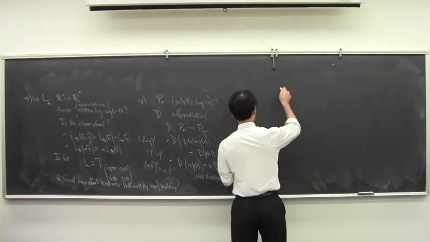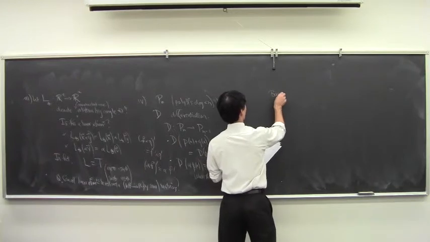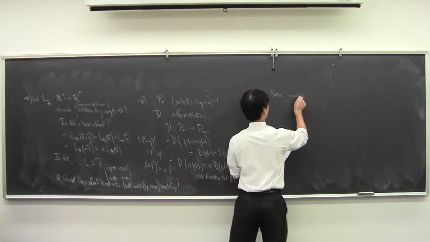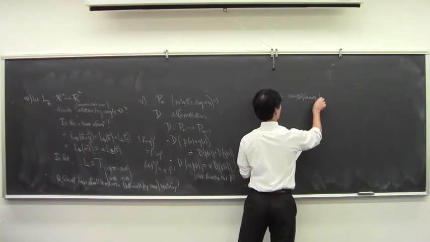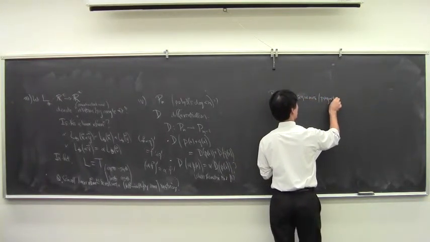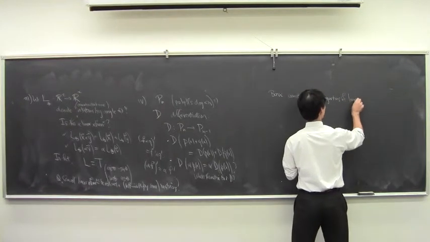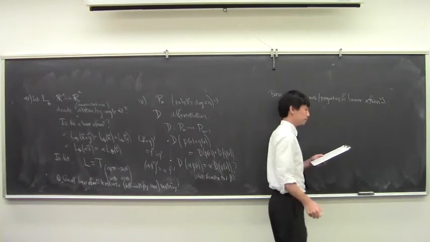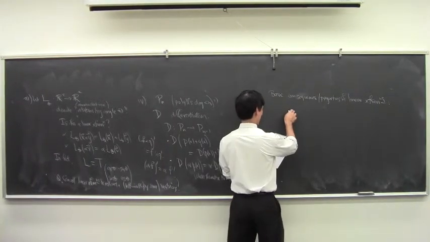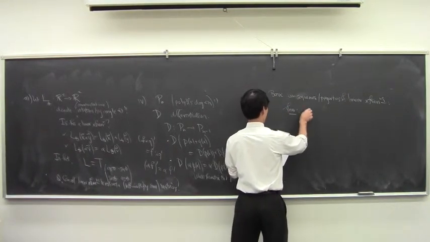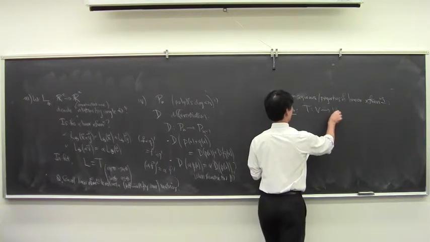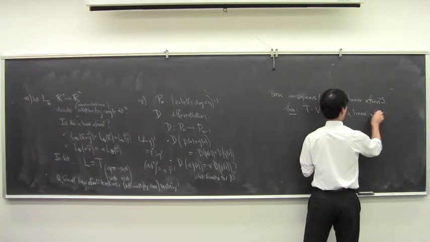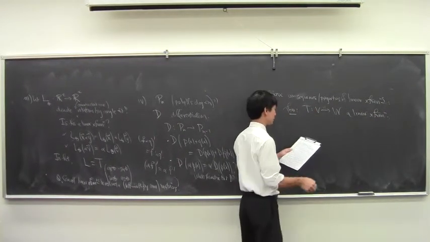Okay, so here are some basic consequences or properties of linear transformations. First, again, you have T going from V to W, a linear transformation.